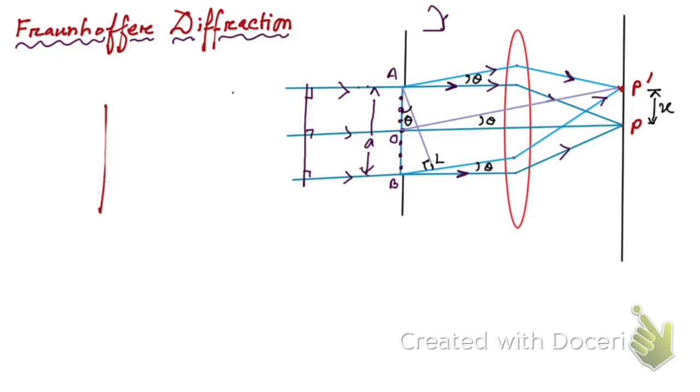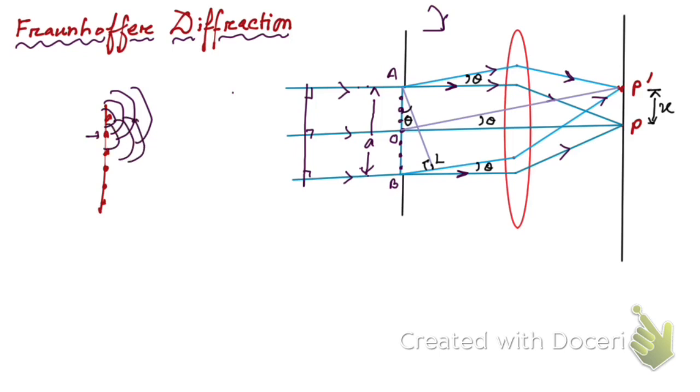Okay, that means this is the wavefront, and each point on this wavefront acts like a source of secondary waves. From here also a wavefront will be emitted like this, and from this point also a wavefront will be emitted like this.